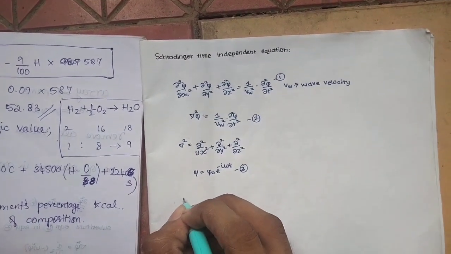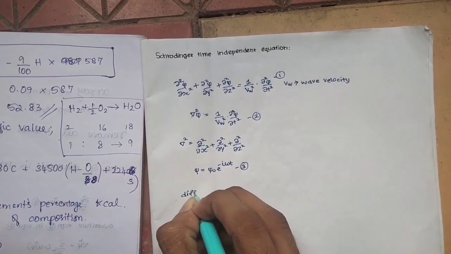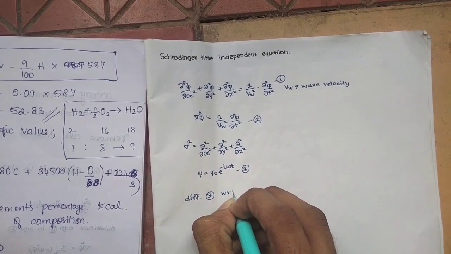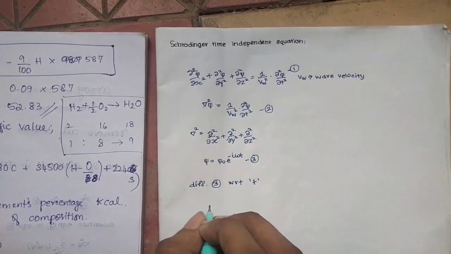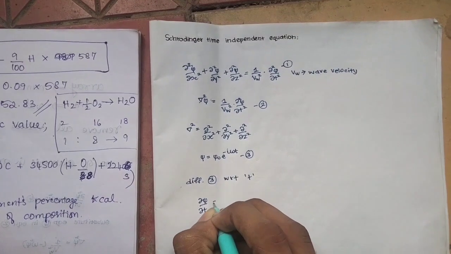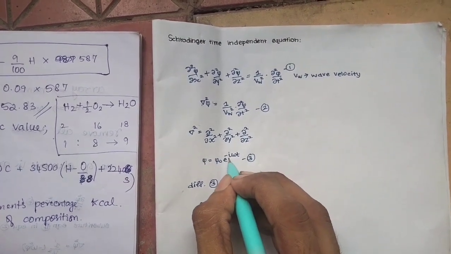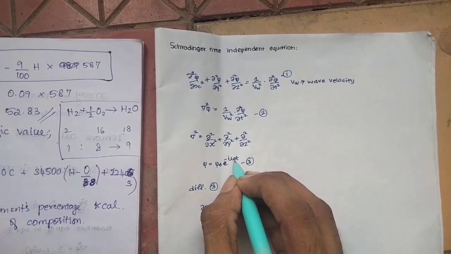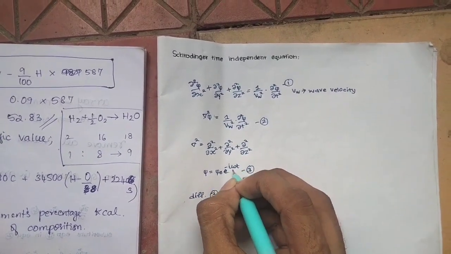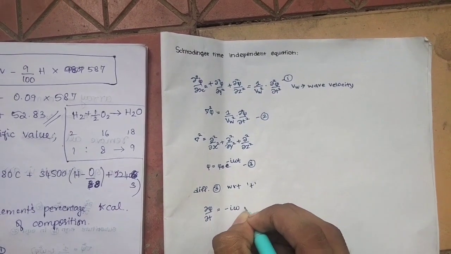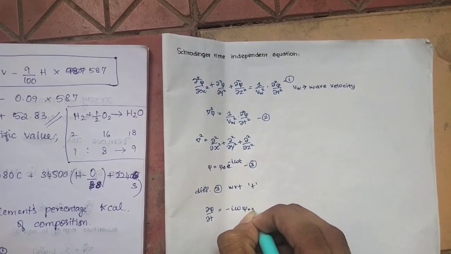We are going to differentiate this equation 3 with respect to t. That will become dou psi by dou t equal to, this psi naught is constant, this e power minus i omega t, this minus i omega will come down and the remaining as it is.